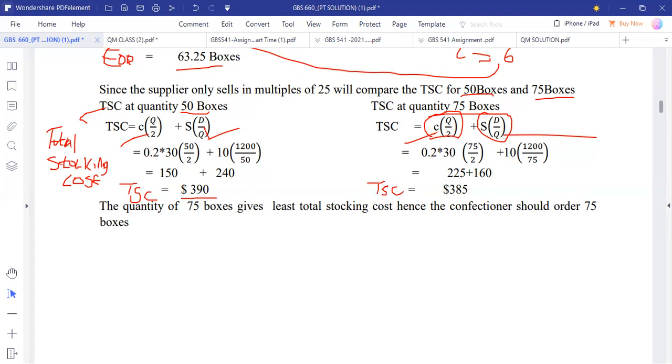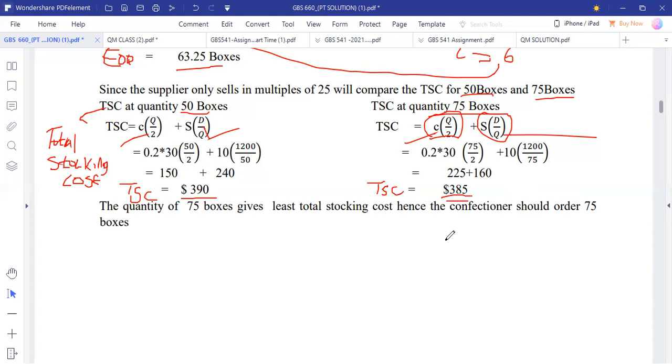All right. So this is what is going on here. So we are getting down to $385. We are purchasing 25 more. Now, at 50 boxes, we are getting $390. So of course, we can see from here that it is cost saving to buy more boxes.